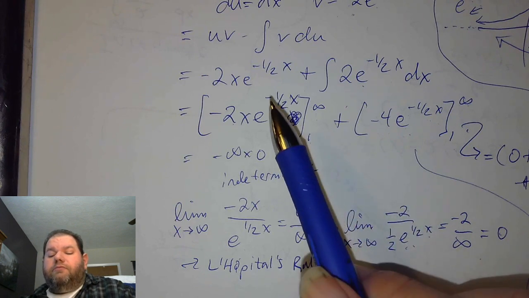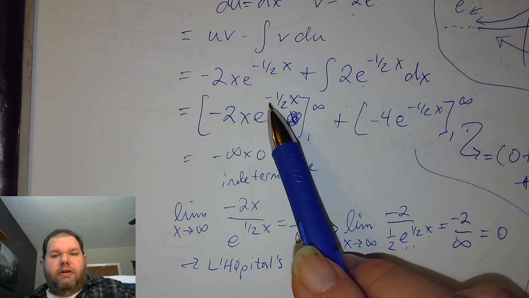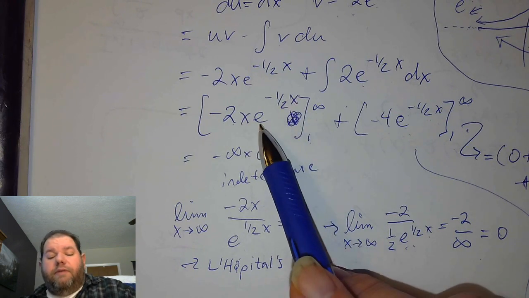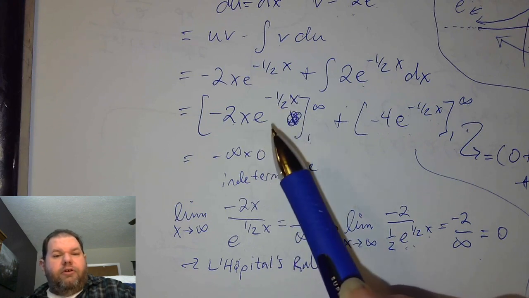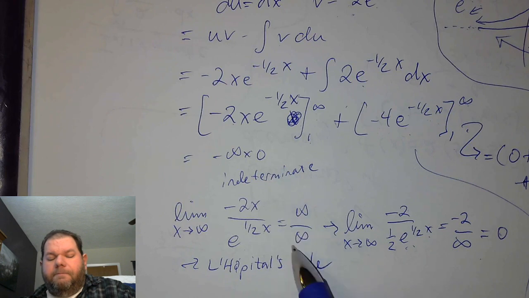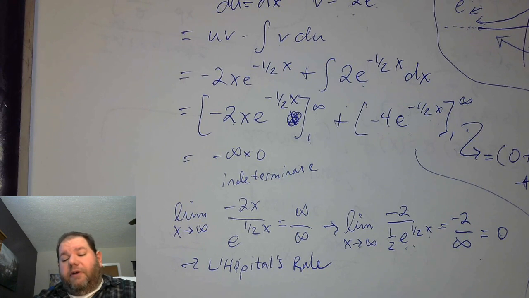So if we have like x to the n times e to the something times x, whatever e does is generally going to determine what happens to that function. So if we have a negative exponent, it's going to go to 0, and if we have a positive exponent, it's going to go to infinity.